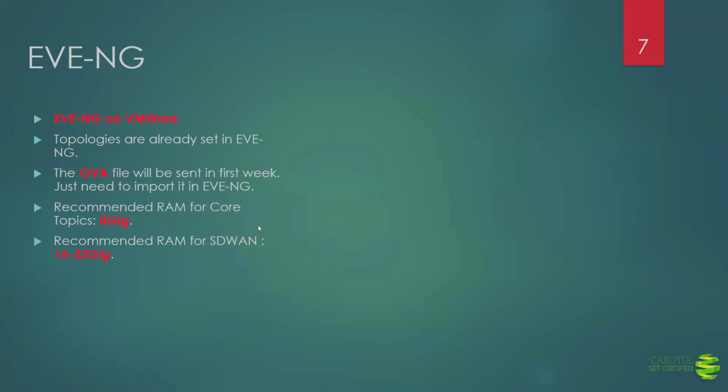If you have a 32 gig laptop or desktop, that's great, because CCIE is a big step and it's a long-term project. So I think it's worth investing a little bit in this. Maybe you may purchase a dedicated desktop for this with 32 or 64 gig RAM. But if not possible, then at least 16 gig is what I would say, so that you are covered for both core technologies as well as for SD-WAN, right?